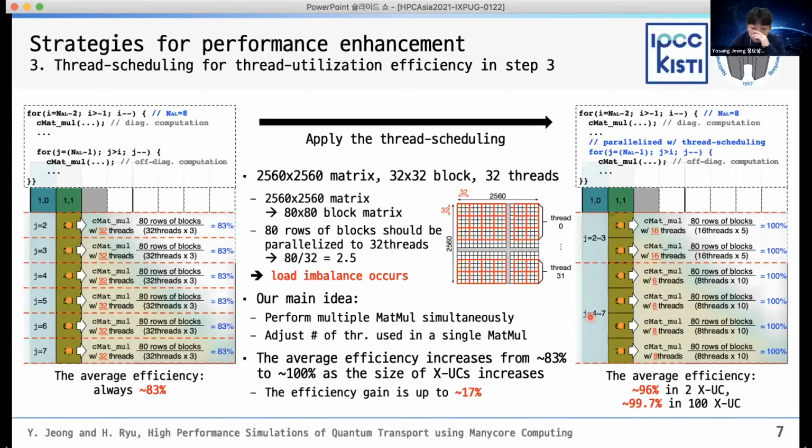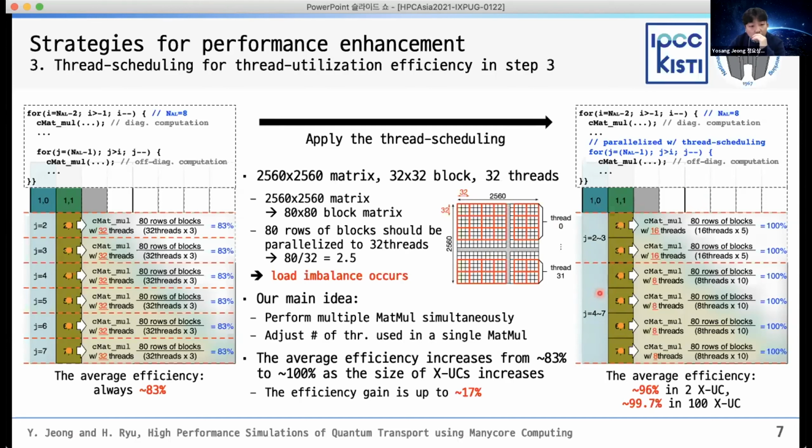Our main idea to solve this problem is to perform multiple matrix multiplications simultaneously and adjust the number of threads used in a single matrix multiplication. In this picture, 2 or 4 multiplications are performed simultaneously, and 16 or 8 threads are used for each matrix multiplication, respectively.